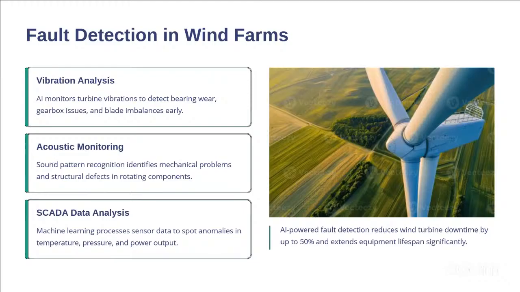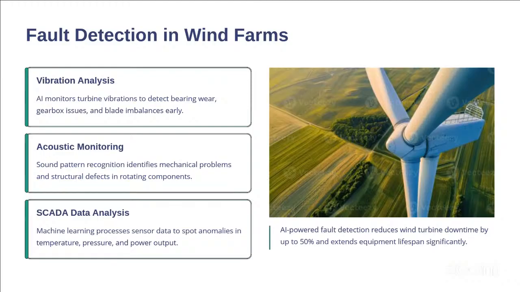So here, the fault detection in wind turbines, wind farms and windmills comes under vibration analysis. As windmills are erected outdoors, they are also subjected to wear and tear conditions from natural calamities and natural disasters.